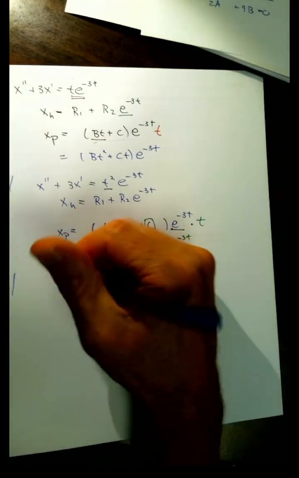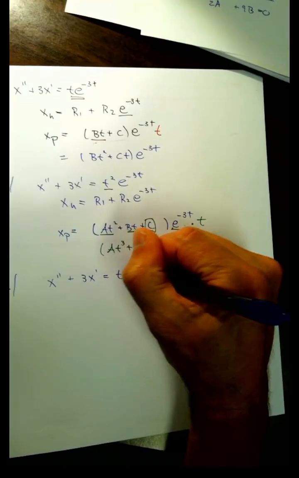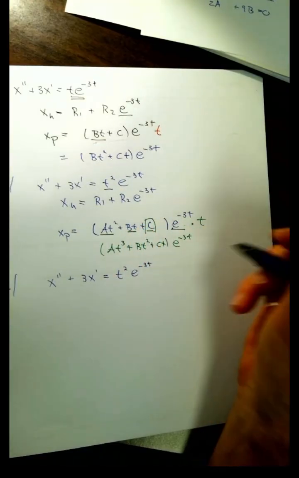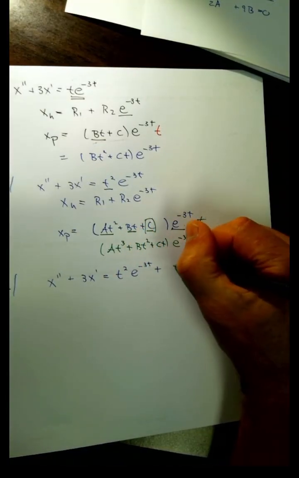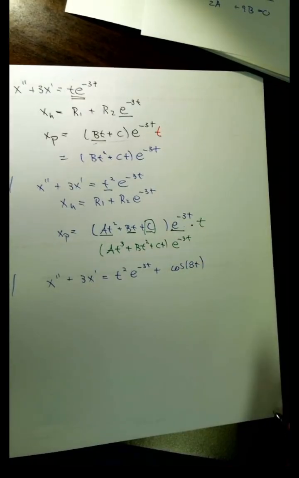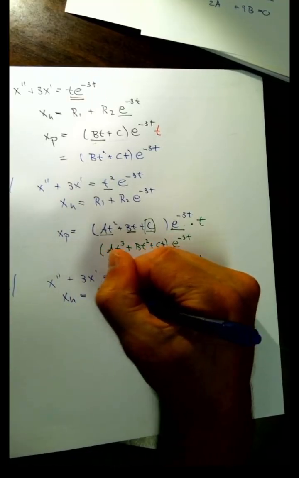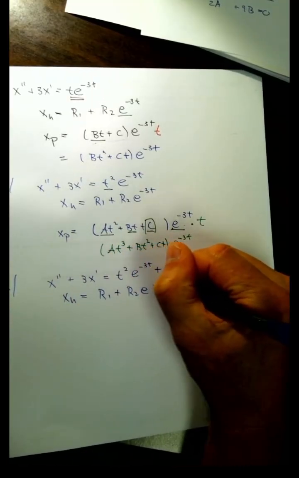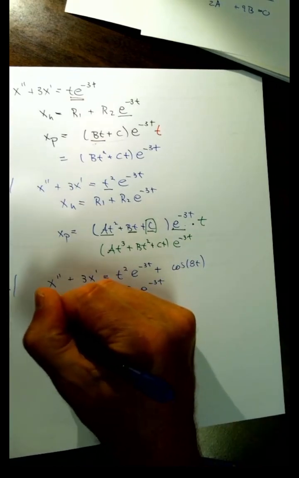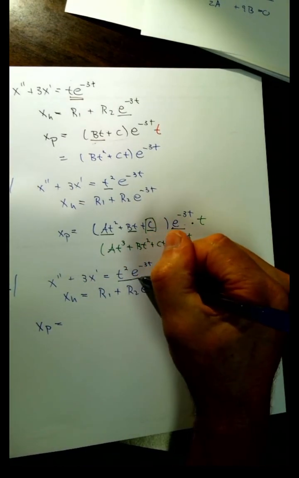If I had this differential equation, so the same thing, but let's suppose it's plus cosine of 8t. My homogeneous solution is R1 plus R2 e to the minus 3t. My guess, I'm going to break it up into two pieces.